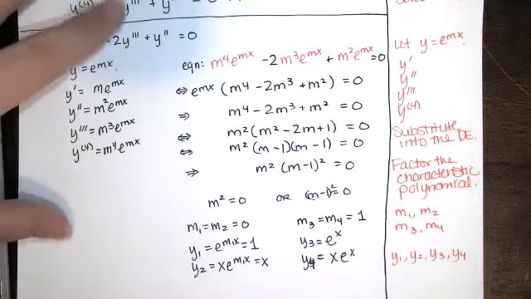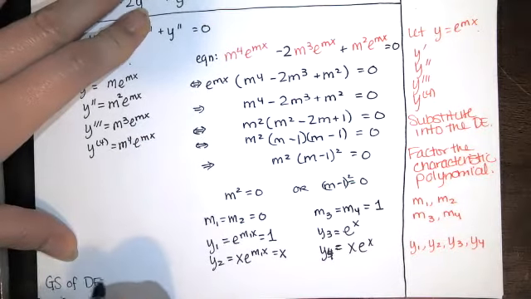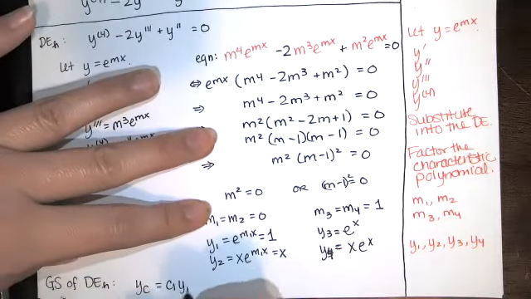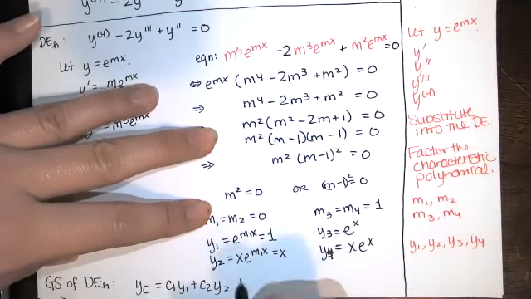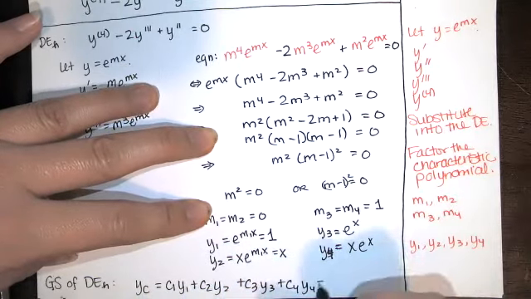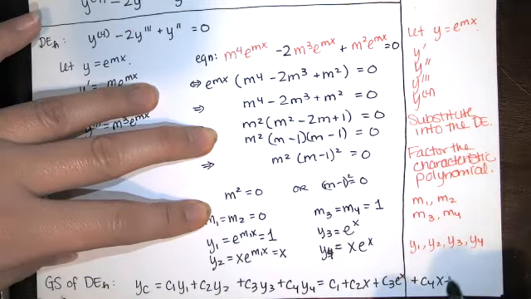So you can put those together to write down the general solution of the corresponding homogeneous problem, which is y sub c. So we have c1y1 plus c2y2 plus c3y3 plus c4y4, which in this case is C1 plus C2x plus C3 e to the x plus C4 x e to the x.